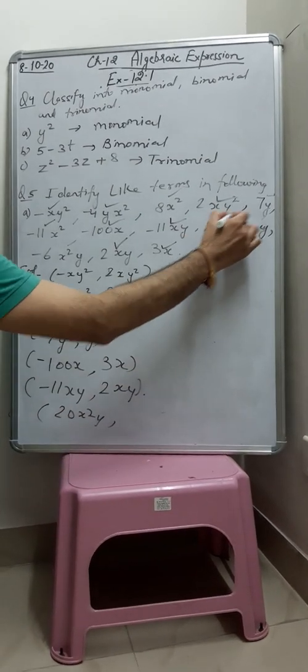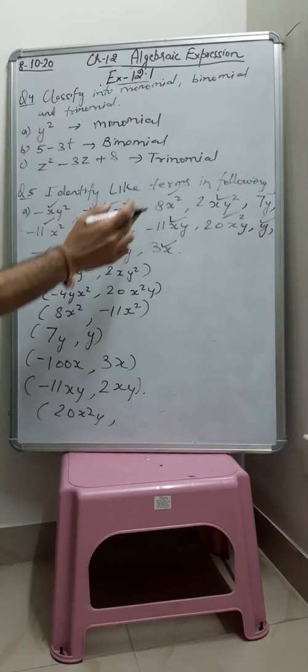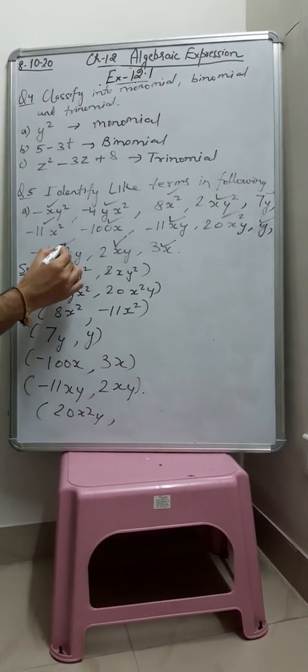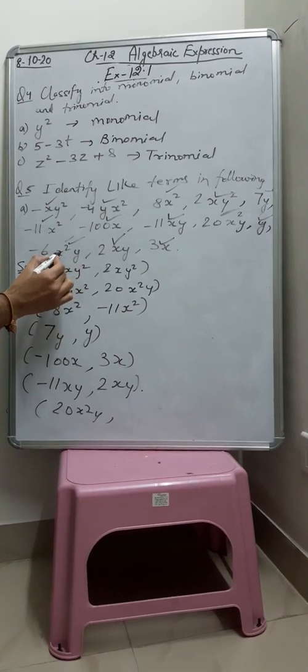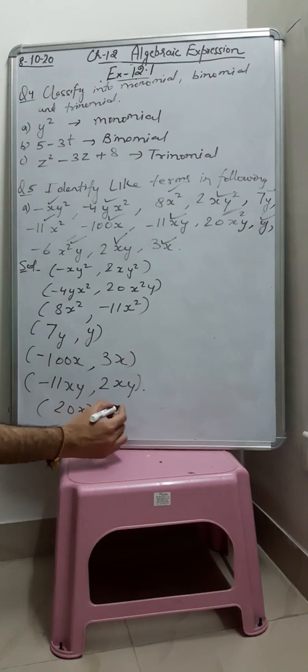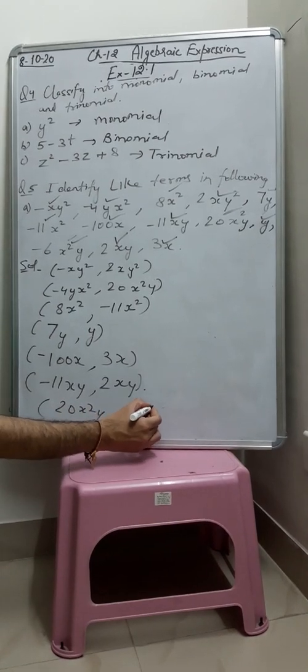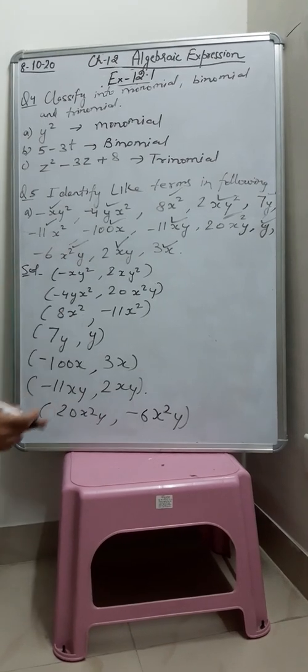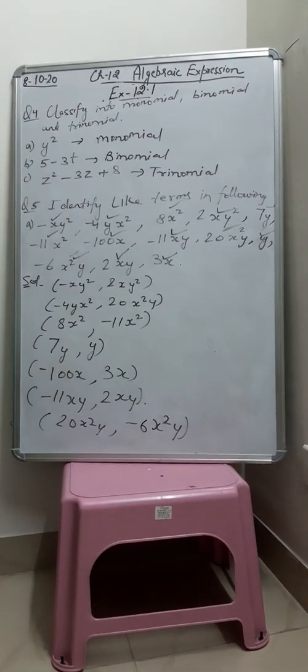So this is also over, and this is also over. So which term has x square y? This is the only term left which has x square y. So the like term of 20x square y is minus 6x square y. So in this way we can find a pair of like terms.